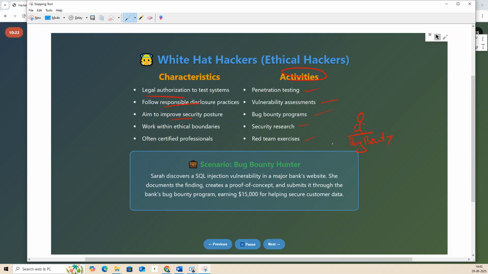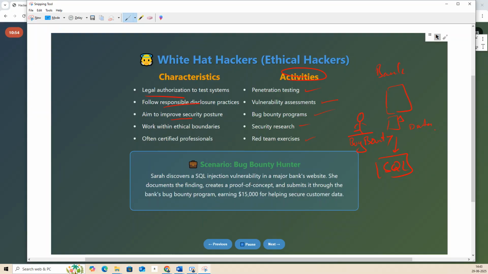While testing a major bank's website in her spare time, she discovers a SQL injection vulnerability that could expose customer account information. Now, Sarah could exploit it for personal gain. She could steal the data, sell it on the dark web, make a lot of money.